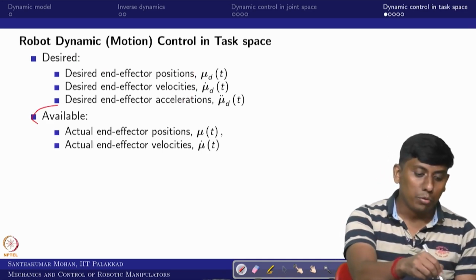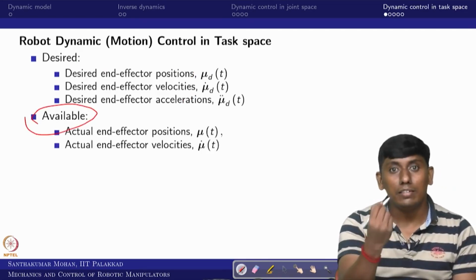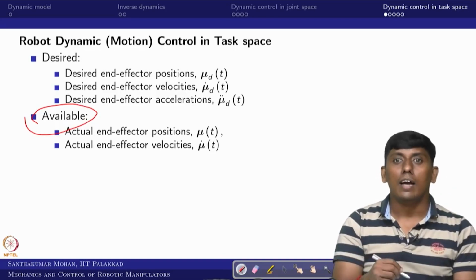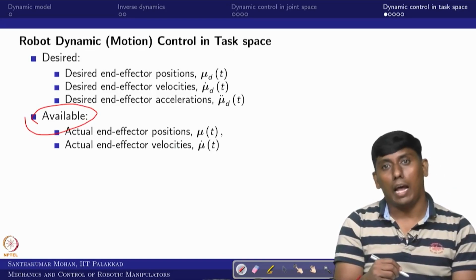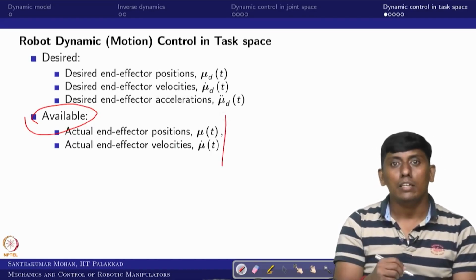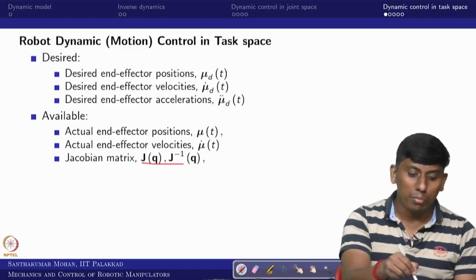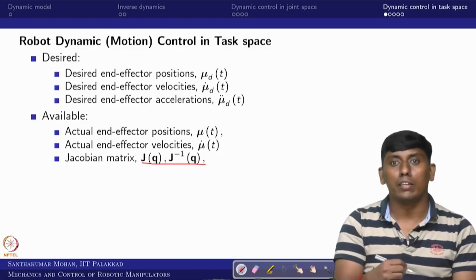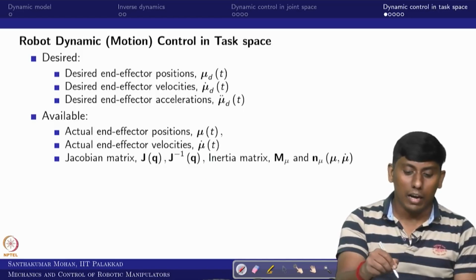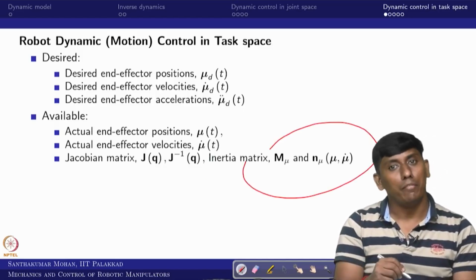Further, from the system side, the actual end effector position and actual joint position would be available. The actual end effector velocity and actual joint velocities would be known explicitly. Further, we assume that the Jacobian matrix, the inertia matrix and other effects are all available to us.